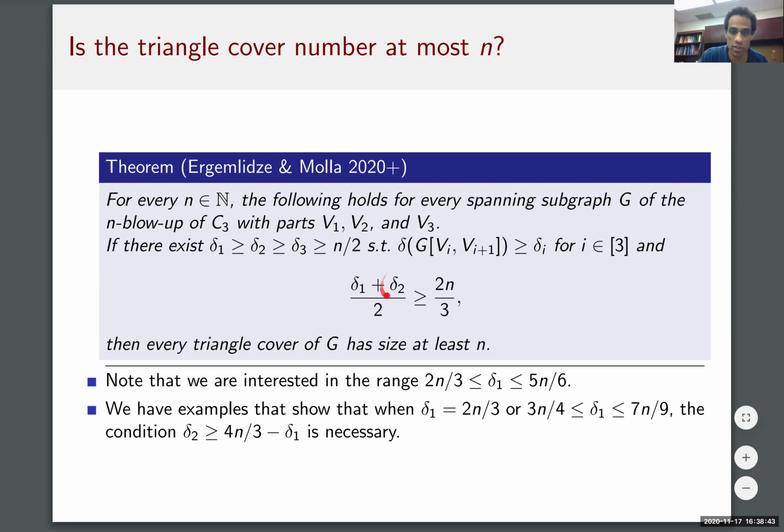This condition is really saying that delta 2 has to be larger than or equal to 4n over 3 minus delta 1. Only in these ranges do we even know that this is necessary. Outside of them, perhaps even a weaker condition on delta 2 might be necessary. We just don't have examples.